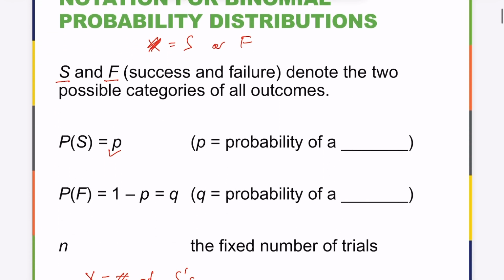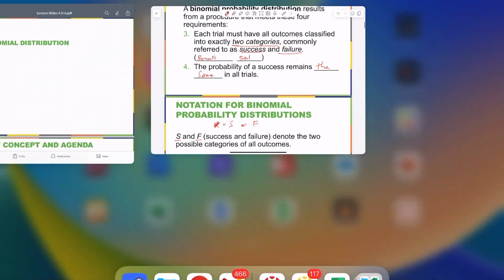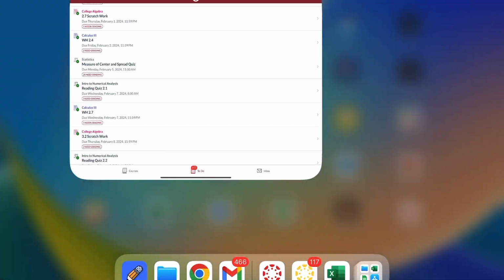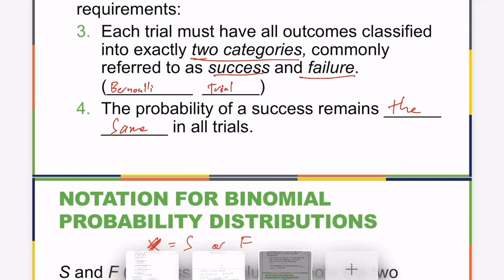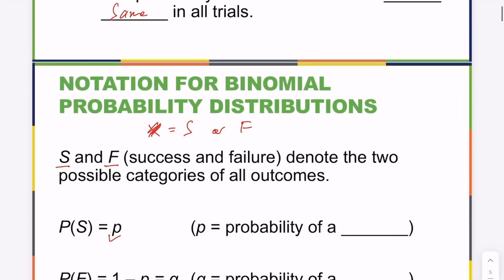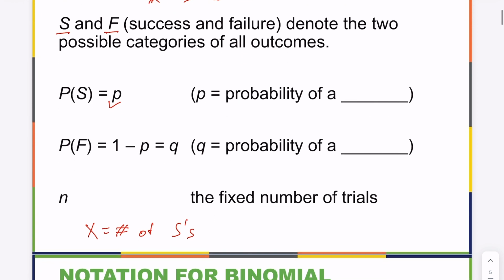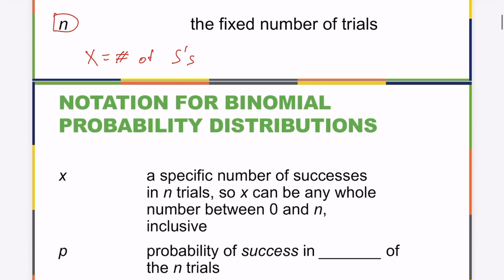The probability remains the same. And the probability of failure, since there's only 2 possibilities from part 3, we have that the probability is going to be Q. And then N is the total number of trials.